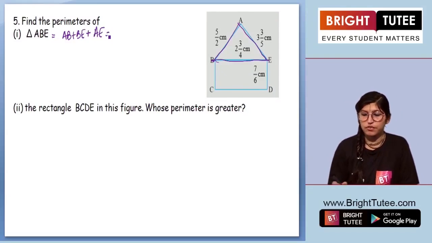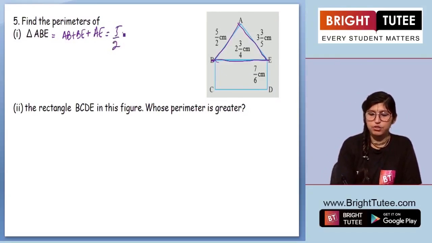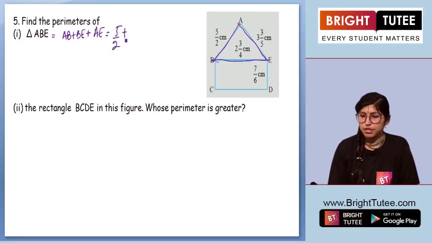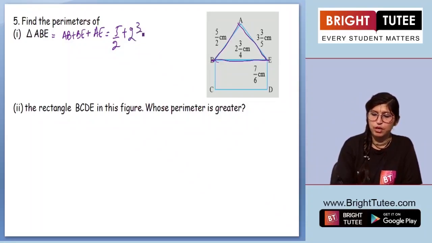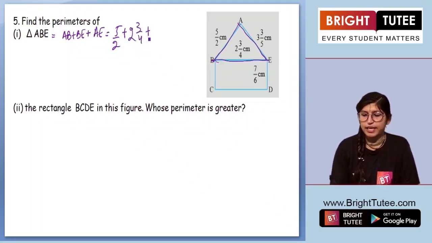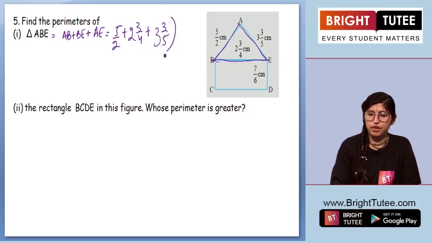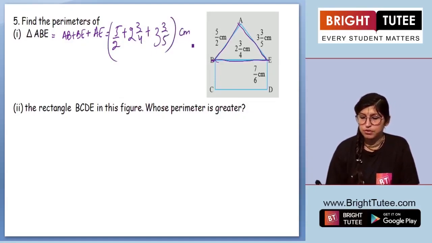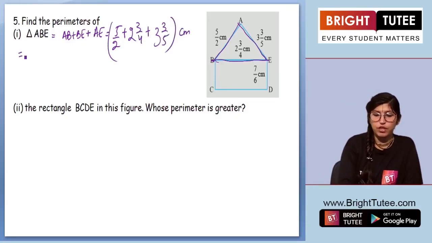So what is the length of AB? 5/2 centimeter. Then BE, which is 2 3/4 centimeter, and AE, which is 3/5 centimeter.